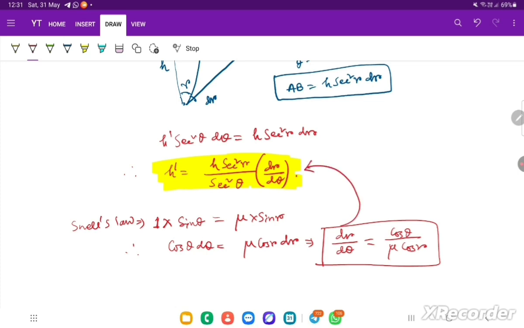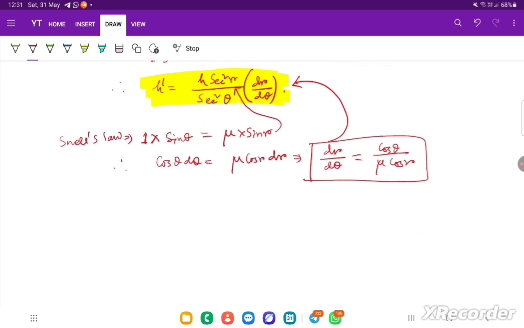I will substitute it here, and also I will substitute the r terms, because I have assumed the angle r but theta was given, so I will bring the answer in terms of theta only. That I can do from this first equation, that sine r and sine theta are related, so from there I can relate sec r and sec theta. Sec theta I can keep intact, but I'll substitute sec r in terms of theta.